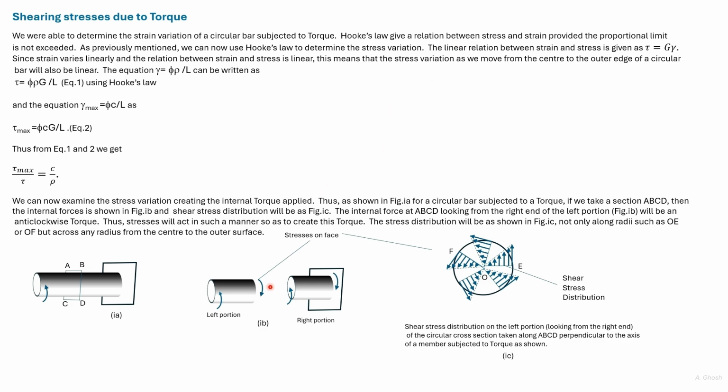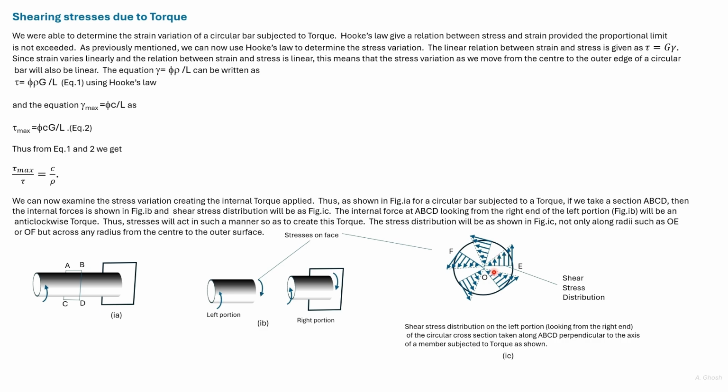This torque would be made up of stresses acting on the whole section of the circular bar. These shear stresses acting at all points of this section except the point O will make up the torque.